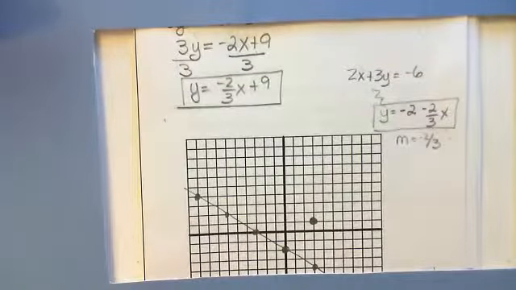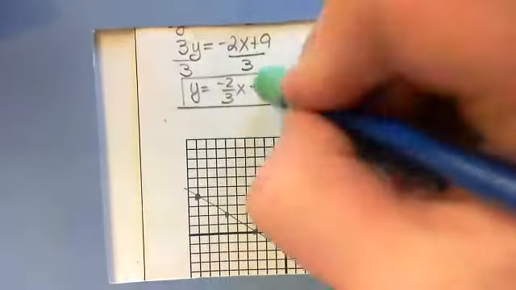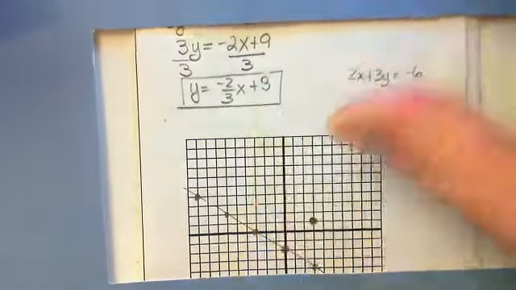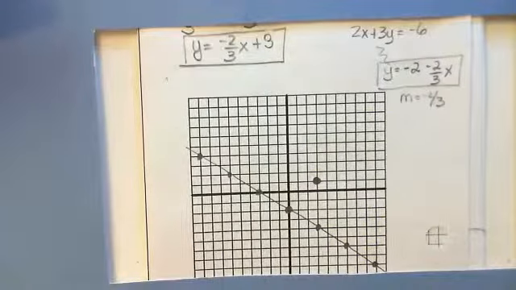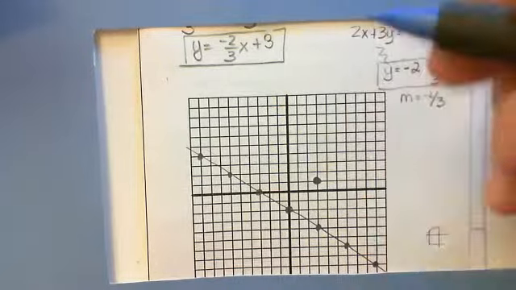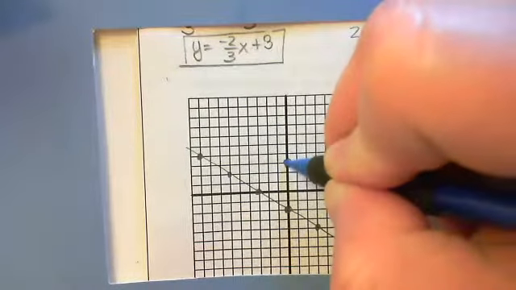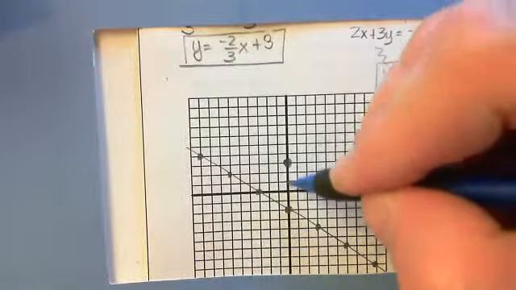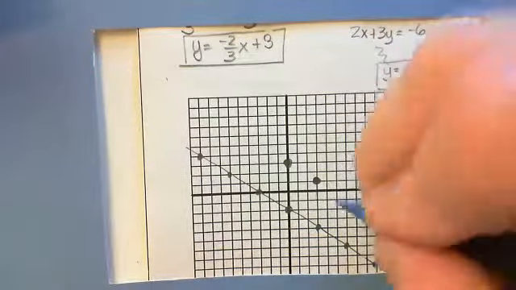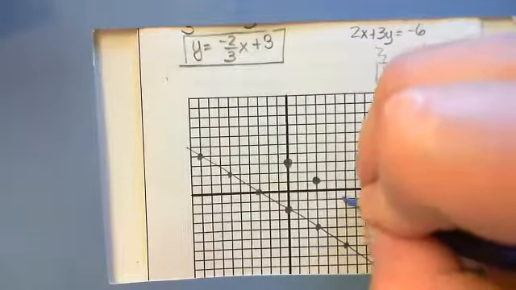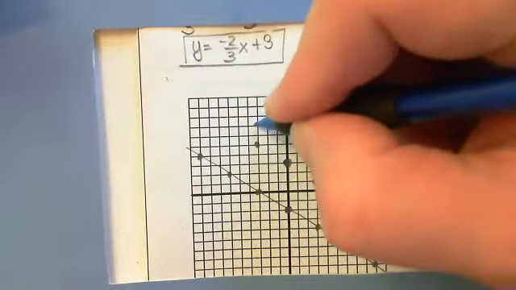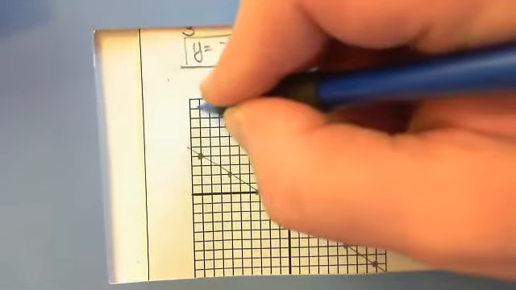I noticed I made a mistake here. 9 divided by 3 is 3. I apologize for that. Alright, so I noticed then that I got a new equation which starts at 3, and the slope would go down 2 over 3, down 2 over 3, down 2 over 3, and then up 2 over 3, up 2 over 3, up 2 over 3.